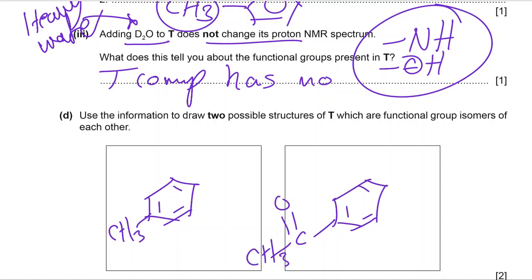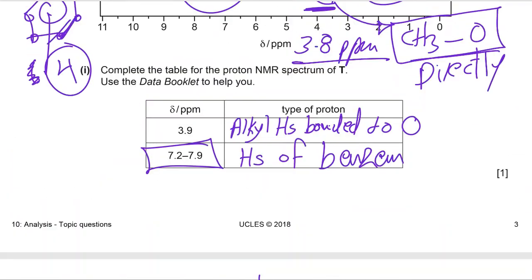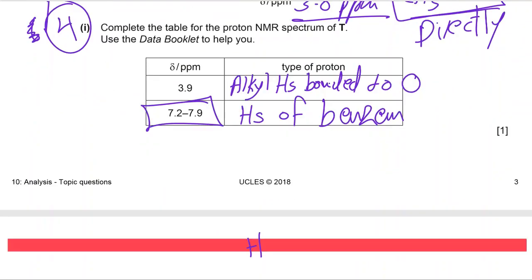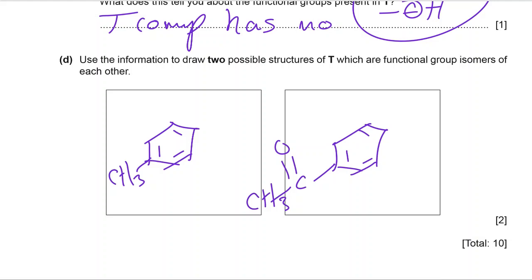And also we have this group, CH3, bonded directly to oxygen by a single bond. So how many carbons do we have right now? 1, 2, 3, 4, 6, 7.